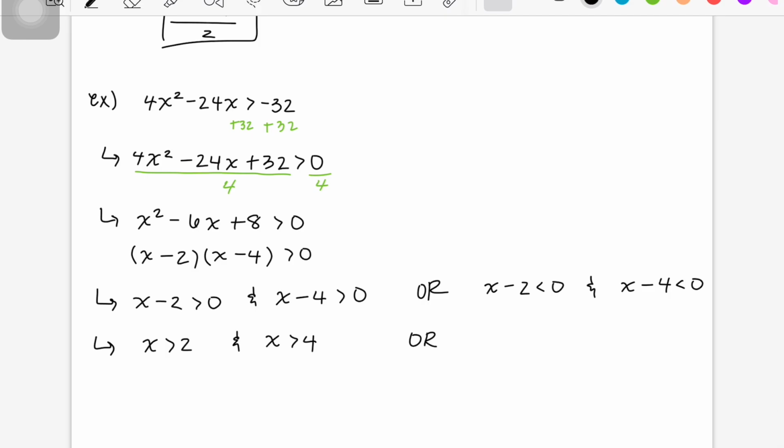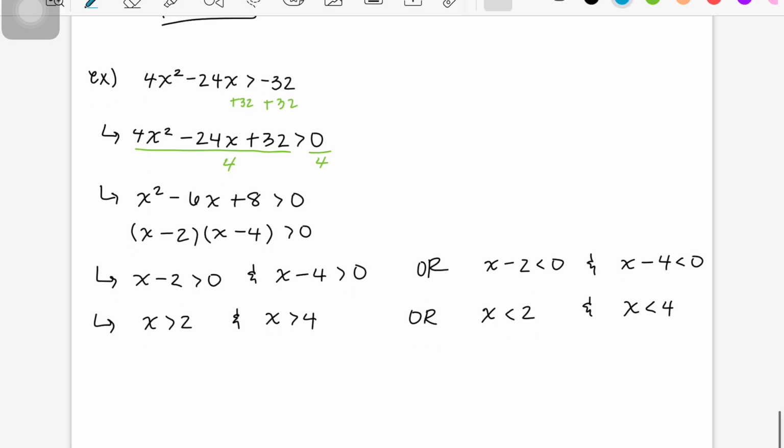And on this side, for x minus 2 to be less than 0, we need x to be less than 2, and x to be less than 4. Now notice here, let's draw a little number line. So we have 2 and 4 here.